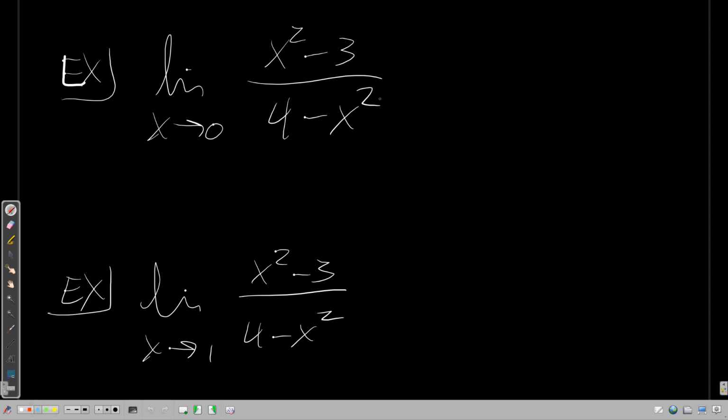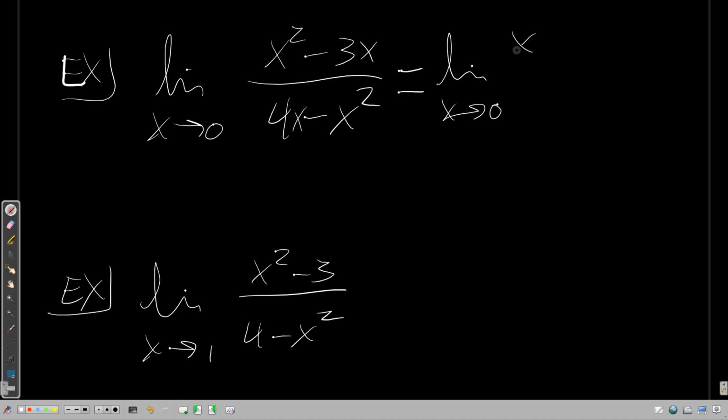In the first one, if you put in the 0 for x, you're going to get 0 over 0. So you have to do some algebra, right?